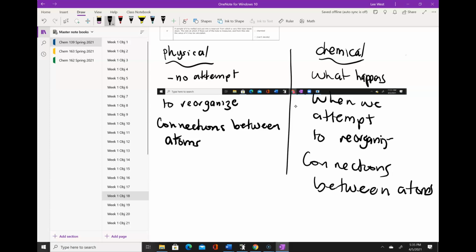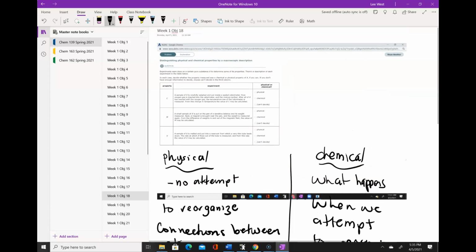Well, attempting to set fire to something. So you're going to try and burn it, right? Flammability. And we'd either say that it is flammable or it's not flammable. That would be an example of a chemical property. We could test whether something is reactive with oxygen, right? See what happens when we leave it out in the air. Does it rust? Does it corrode? And we say it's either easily corroded or it's not corroded. Something like that, right? That would be an example.